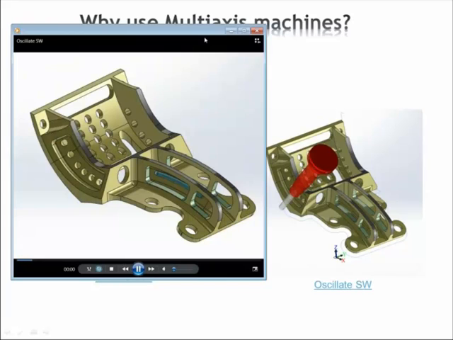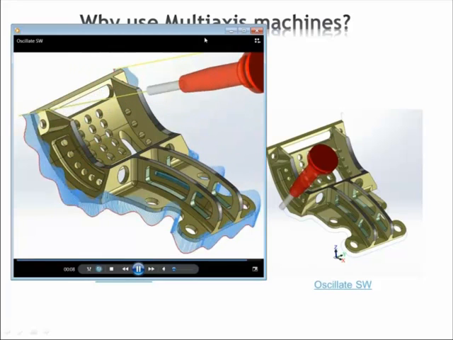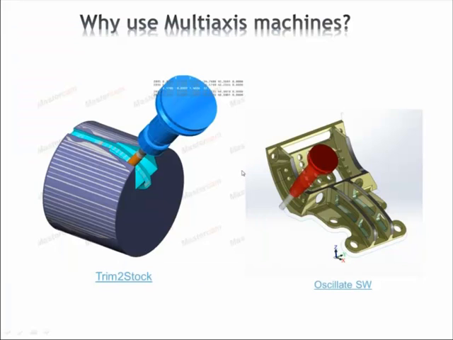Customers who are cutting composite materials that are really abrasive on the tool, we found that using this technique you can prolong the tool life greatly. So this is just some additional capability that exists in 5-axis.